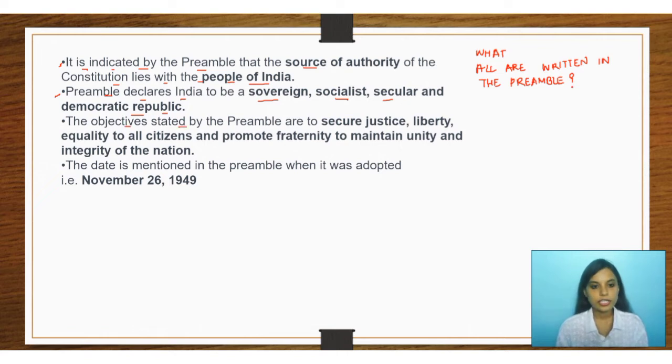The objectives stated by the preamble are to secure justice, to attain liberty and equality for all citizens, and to promote fraternity to maintain the unity and integrity of the nation. The date mentioned in the preamble when it was adopted is 26th of November 1949. You need to write all these when you are talking about the preamble as the key to the Constitution. You need to write every important detail regarding what is written inside the preamble.